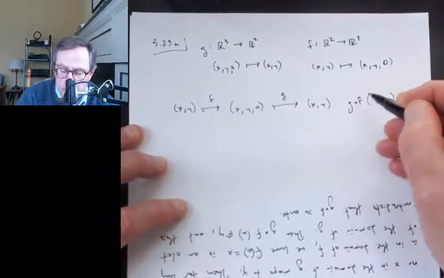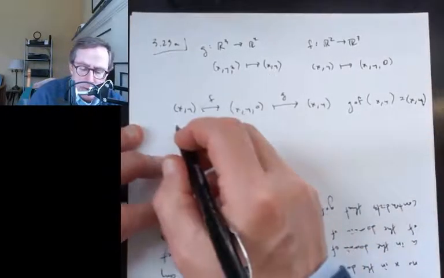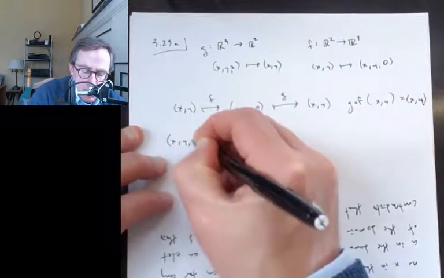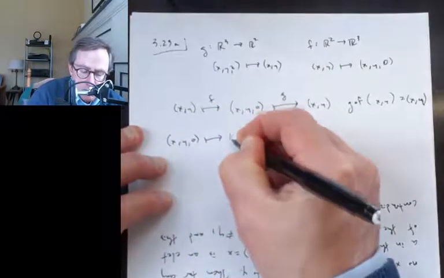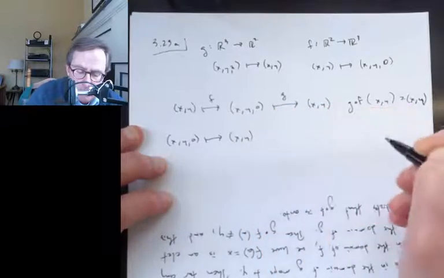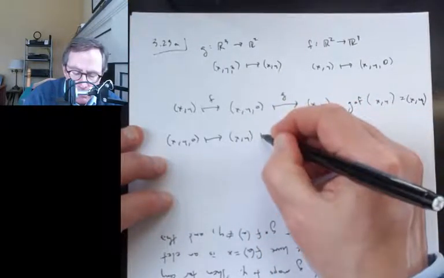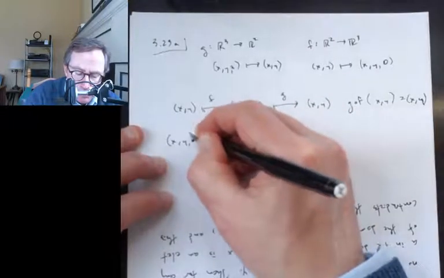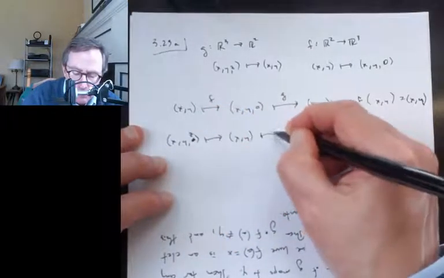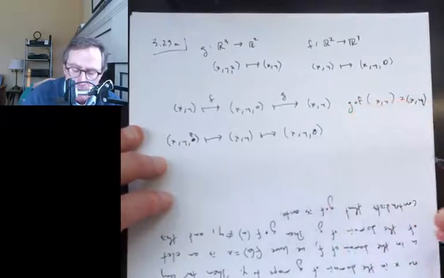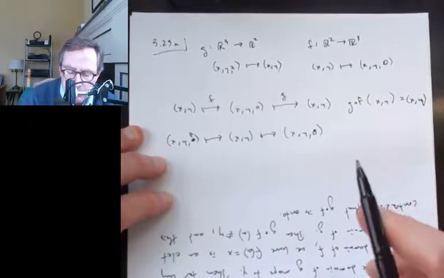And the question asks me to check it in the other direction, and when I do check it in the other direction, I get, let's see, x, y, 0 goes to x, y. Oh, I'm sorry, xyz, forgive me, xyz goes to xy, which is then sent to xy0. And now, here's the problem.